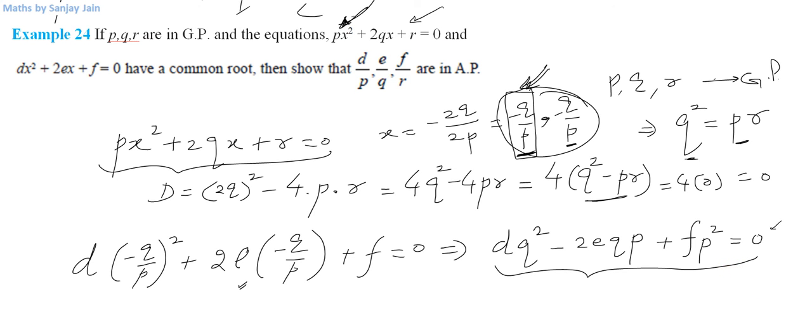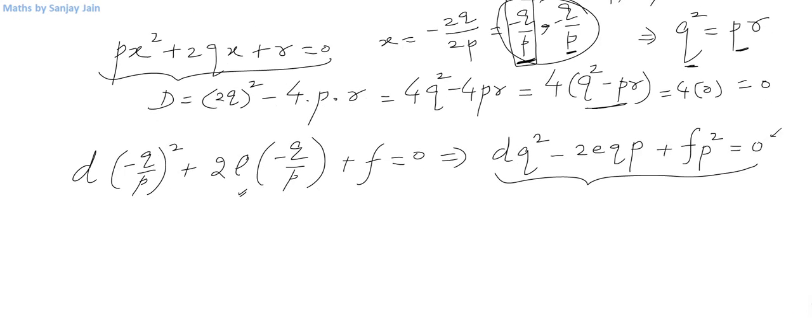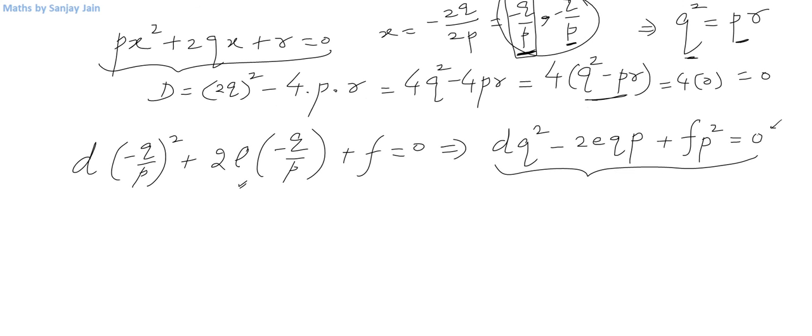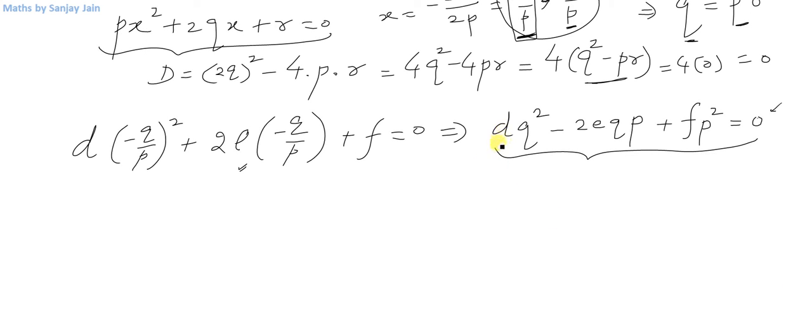if I divide this quadratic by pq squared, what will happen? Why am I dividing it by pq squared? Let me show you. If I divide it by pq squared, you will have d by p minus 2e by q plus fp by pr.